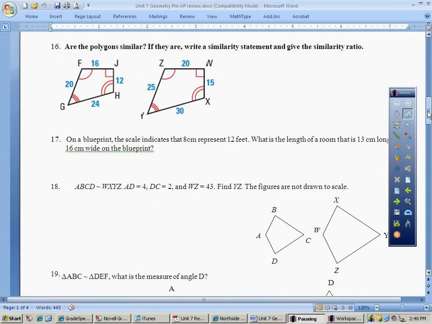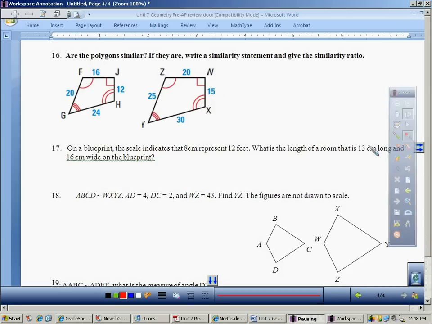Number 16 down below. If these two figures are similar, all I need to do is compare the corresponding parts. 20 to 25, 16 to 20, 12 to 15, 24 to 30. So I set those all up: 20 to 25 is equivalent to 16 to 20, as 12 is to 15, 24 to 30.